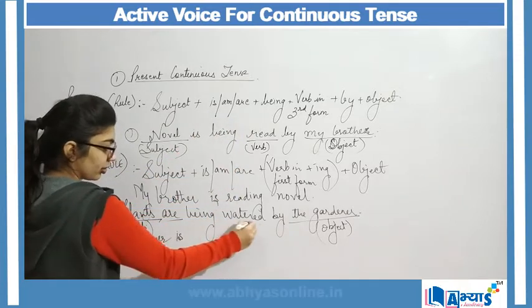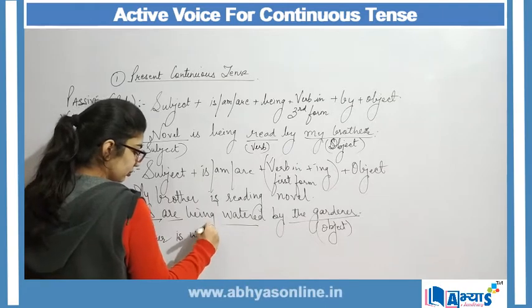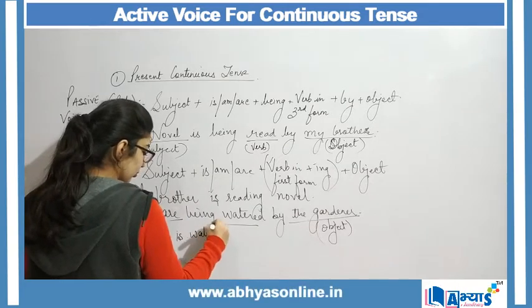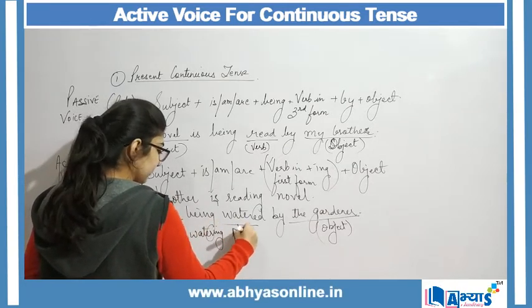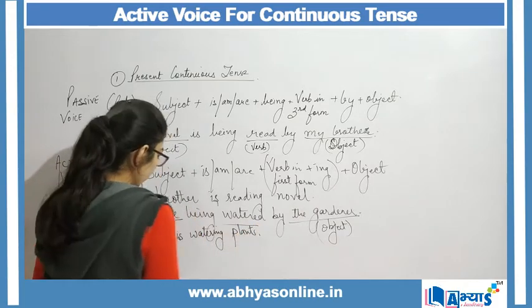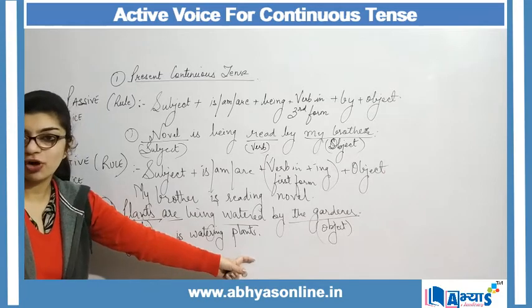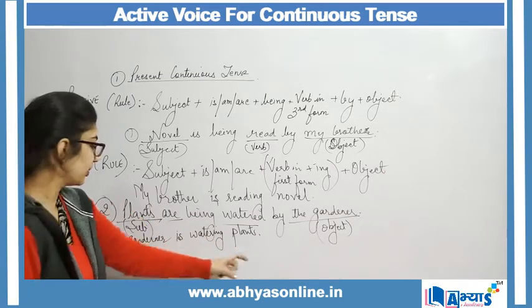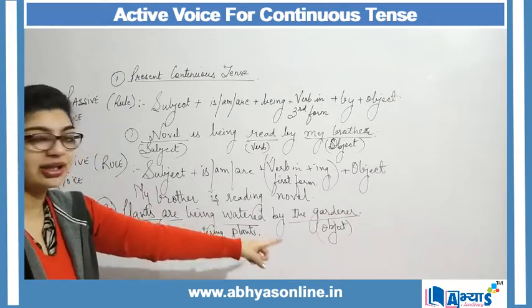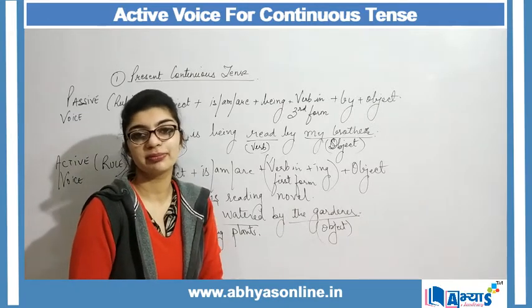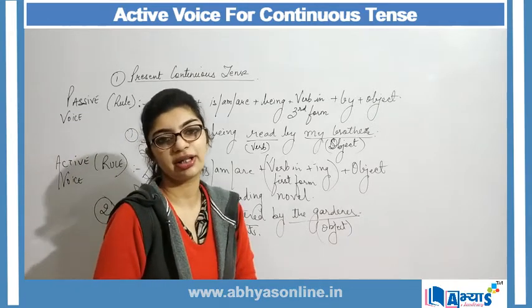Is watering plants. The gardener is watering plants. My sentence is in active form with present continuous. Plants are being watered by the gardener. My passive form, present form with continuous.